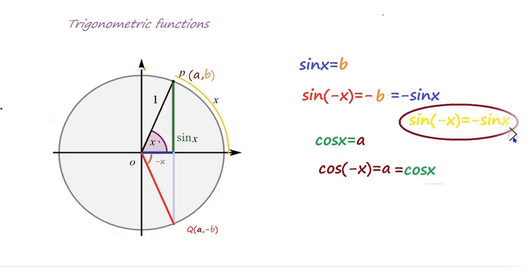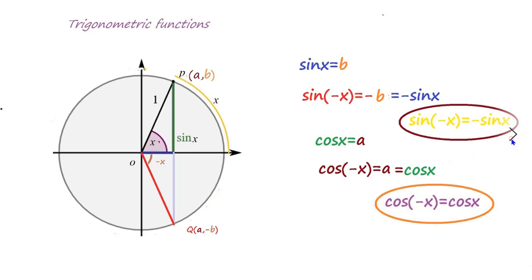Therefore, cos of minus x is equal to cos x. Sin of minus x equal to minus sin x, and cos of minus x equal to cos x. These two results you have to memorize, and they will be applied for deriving one important derivation in the next session.